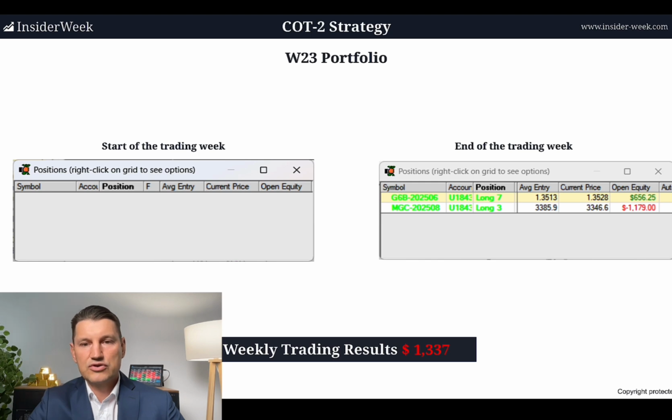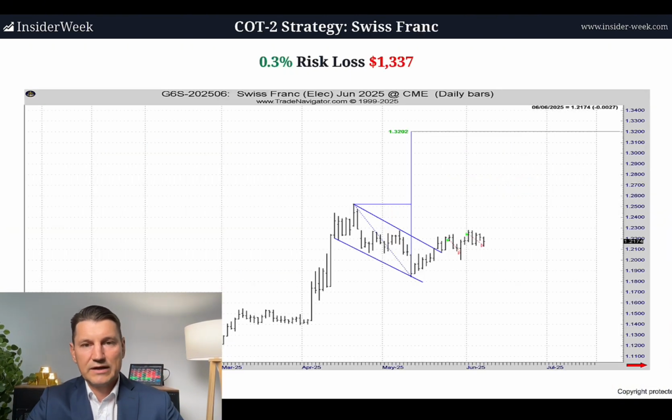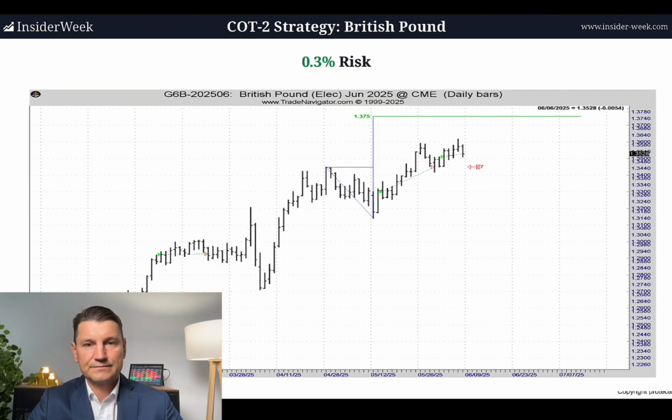I'm long in British pound and I'm long in micro gold. During the week, I closed a trade, and this trade was Swiss franc. This was my second unsuccessful trade in this market. I lost $1,337 in this trade.